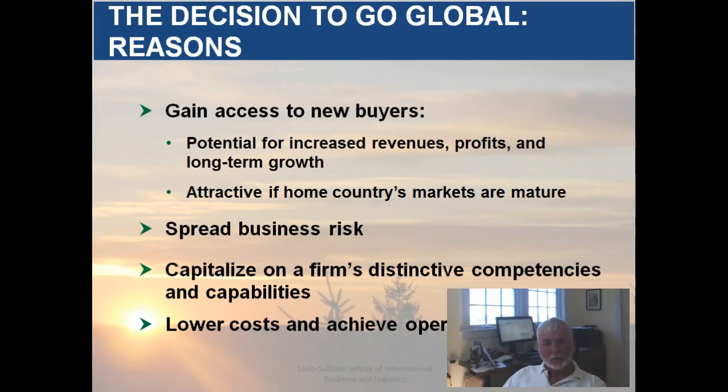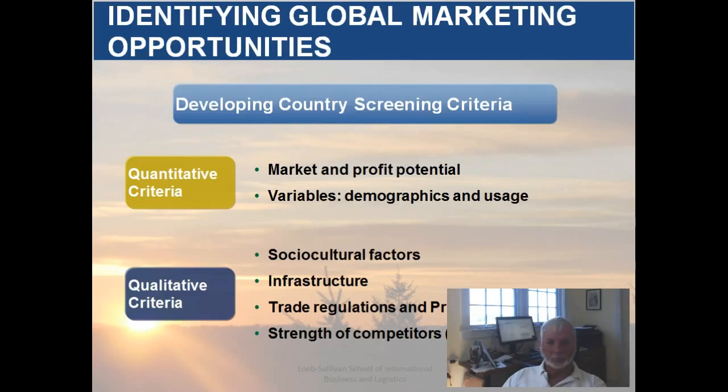If I'm really, really good at something, I may want to capitalize on that. And in some cases, if I can grow, I can move my cost curve, I can lower my costs and achieve greater operating efficiencies by having higher volumes. So those are all reasons to go global.